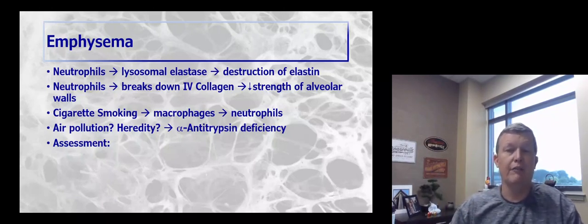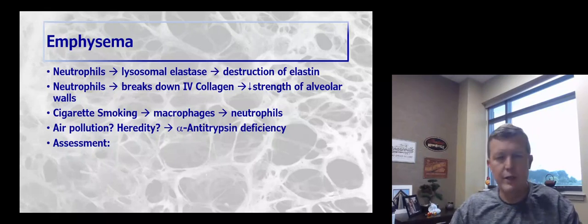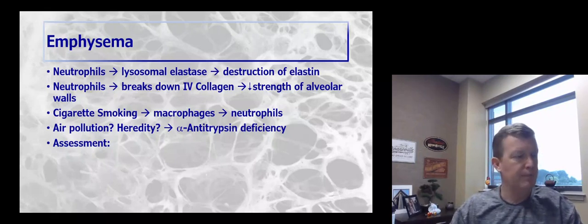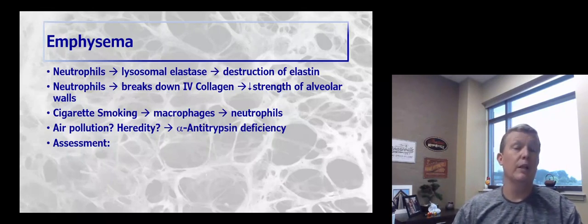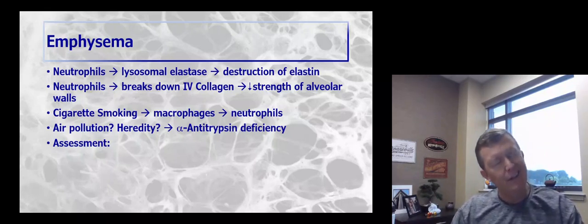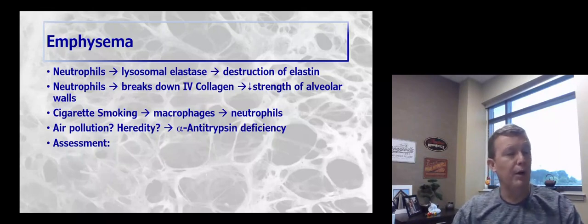It's going to activate macrophages, which then activate the neutrophils to create this process. Air pollution can similarly have the same effect. Heredity, the hereditary component here, is an alpha-1 antitrypsin deficiency. That's the genetic component that may be contributing.